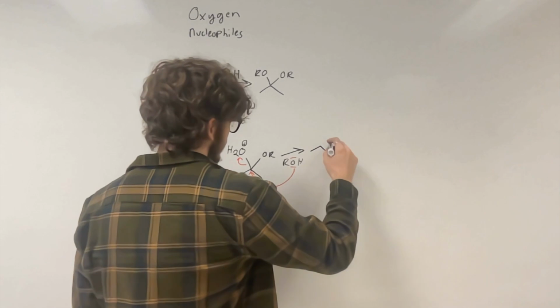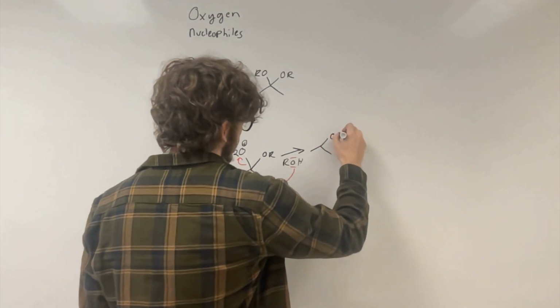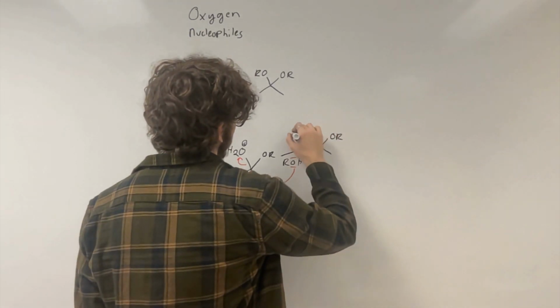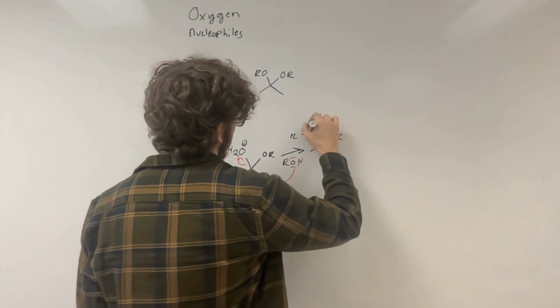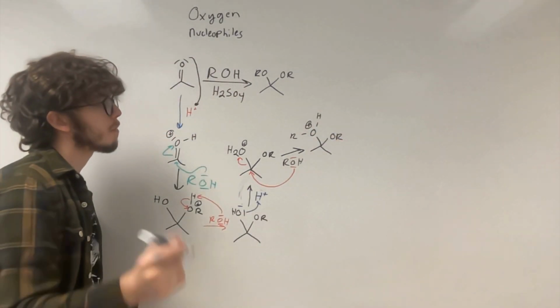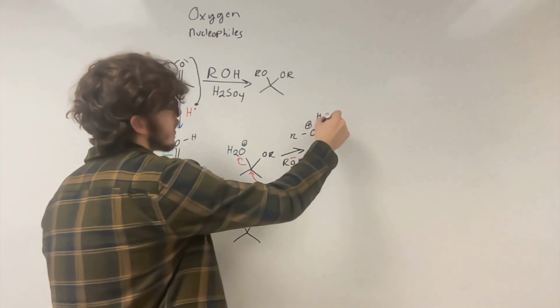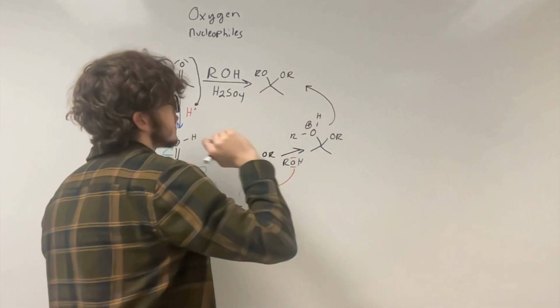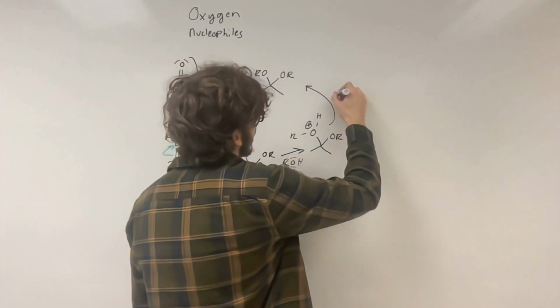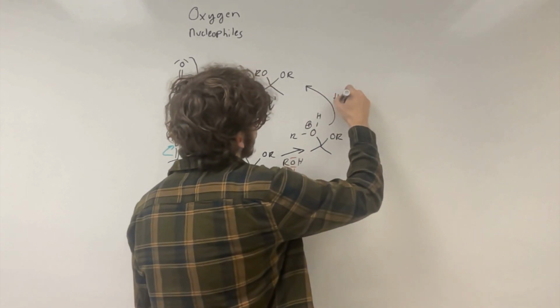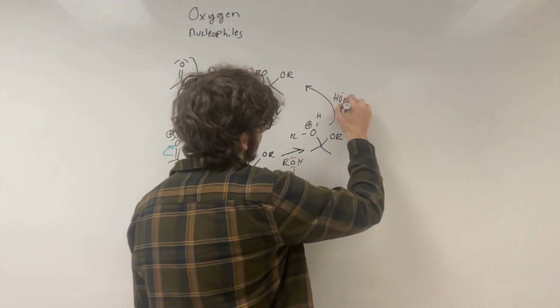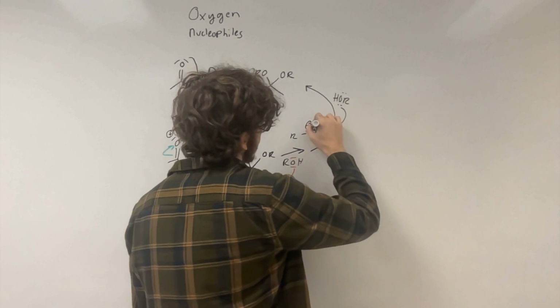Now, when you do that attack, you're going to get this here. You're going to get your protonated alcohol on there. You're almost there to the acetal. You need a molecule of your alcohol to come and deprotonate, right?